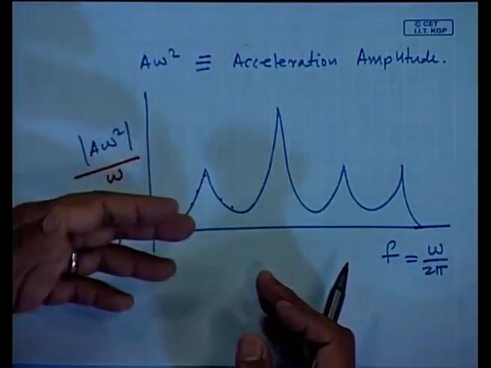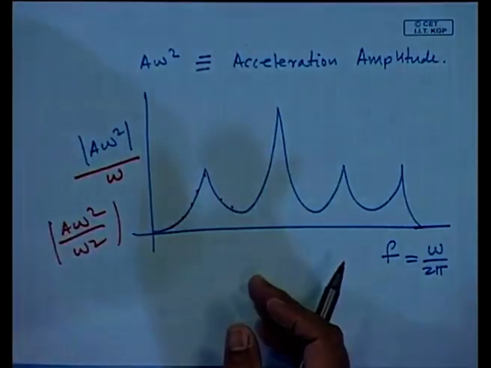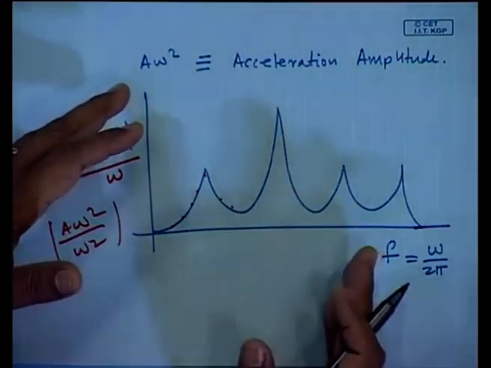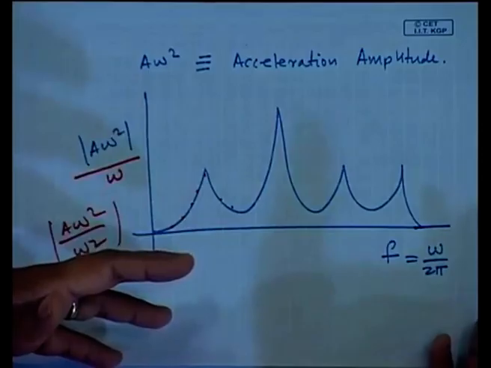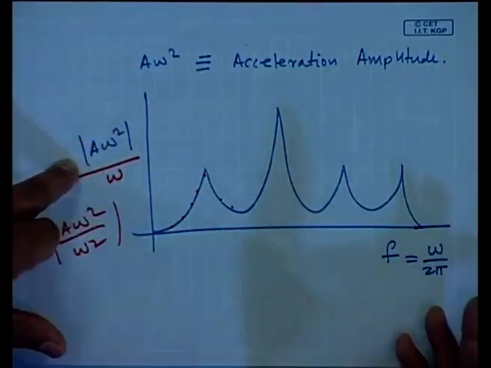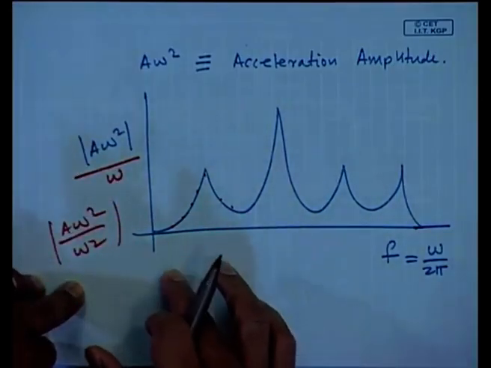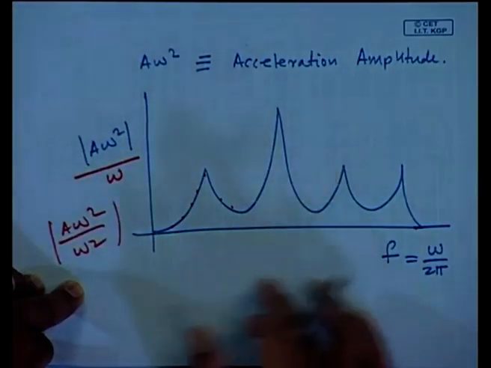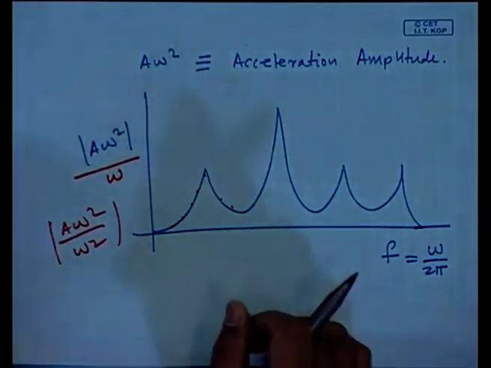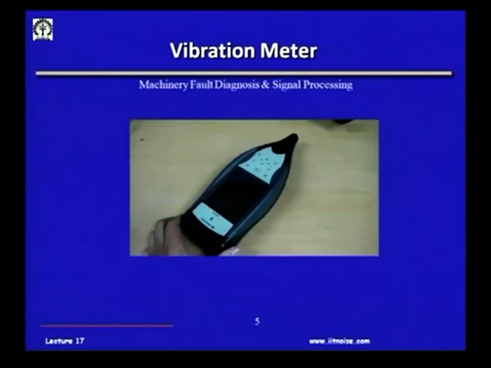Essentially a vibration meter is nothing but an accelerometer with its signal conditioning amplifier and a readout. And in the vibration meter, you will have an option either to see the velocity spectrum, displacement spectrum or acceleration spectrum. I will show you a typical vibration meter now which is available nowadays.